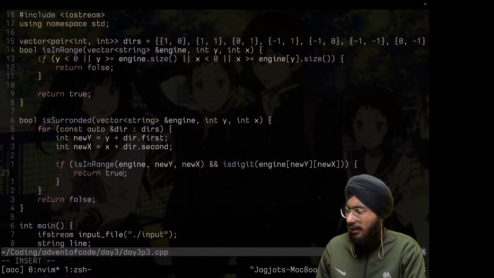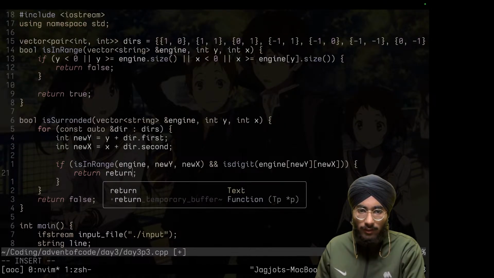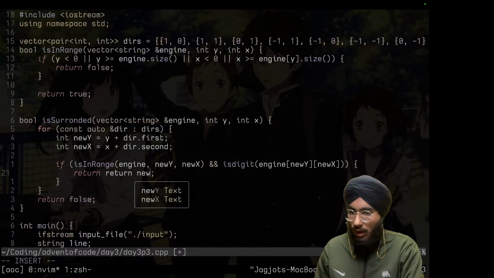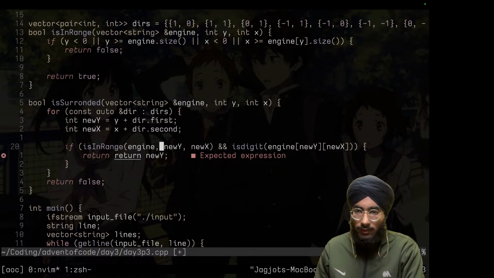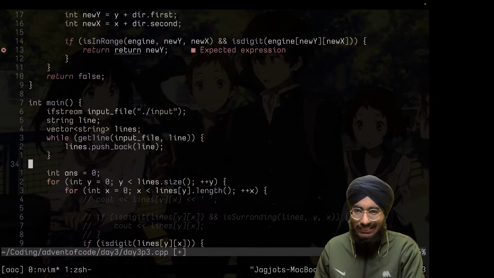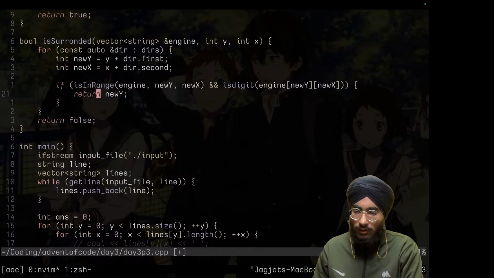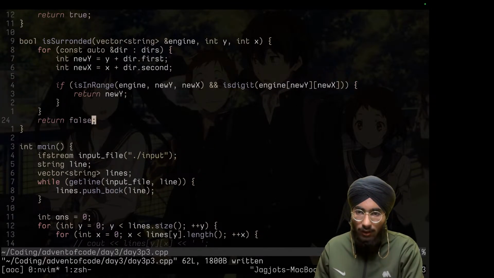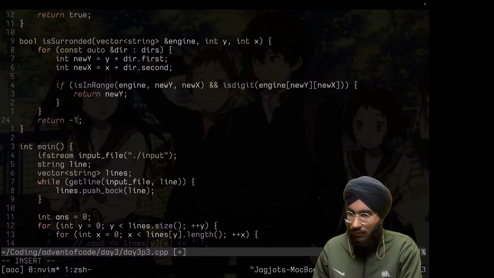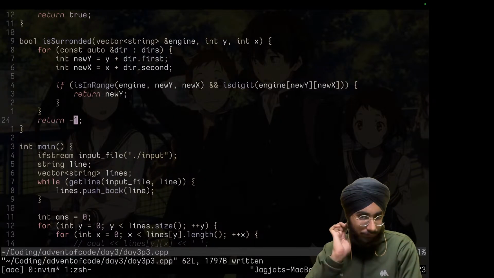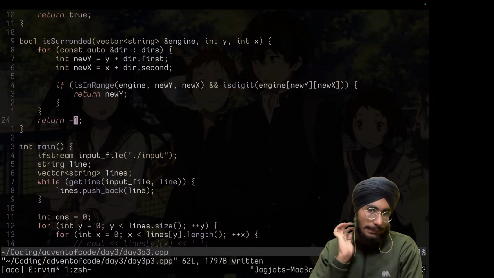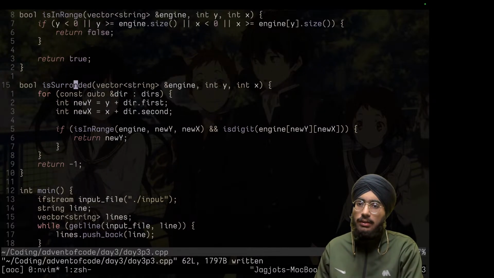Since x and y are greater than 0, we can just return new y. Oh, 14k. Okay, and -1. Bool, is it a boolean?